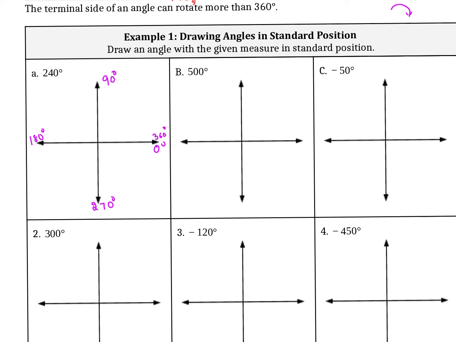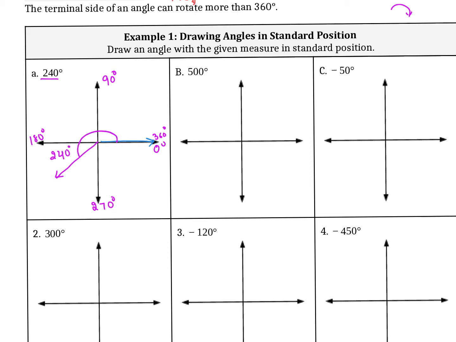If we are drawing 240, it is more than 180, between 180 and 270, so the ray is going to be somewhere here. Measuring from 0, the 240 is this angle.